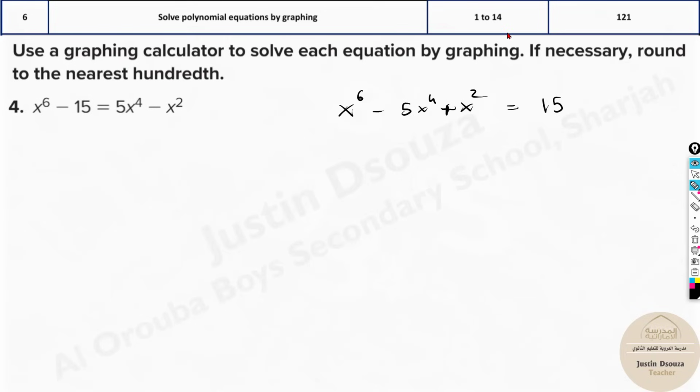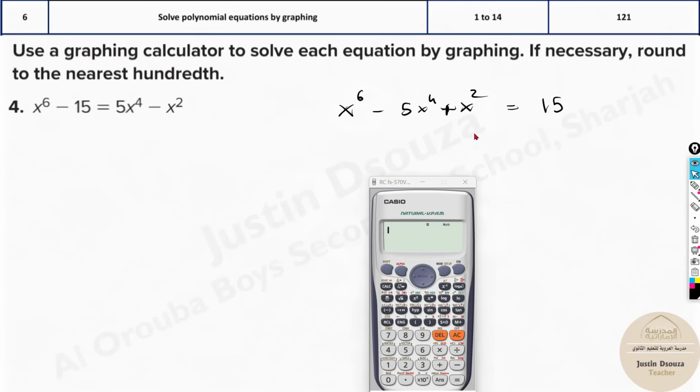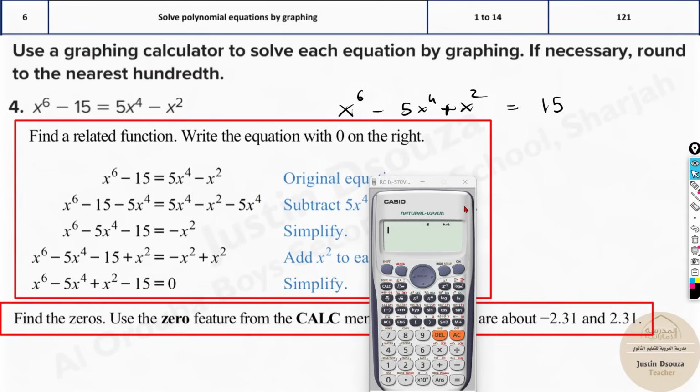Now we need your calculator, and also you need the four options here. So let's look into the options. I know the answers are minus 2.31 and 2.31. So what I do is I type this equation at the left side only: x power 6 minus 5 x power 4, and lastly plus x squared.